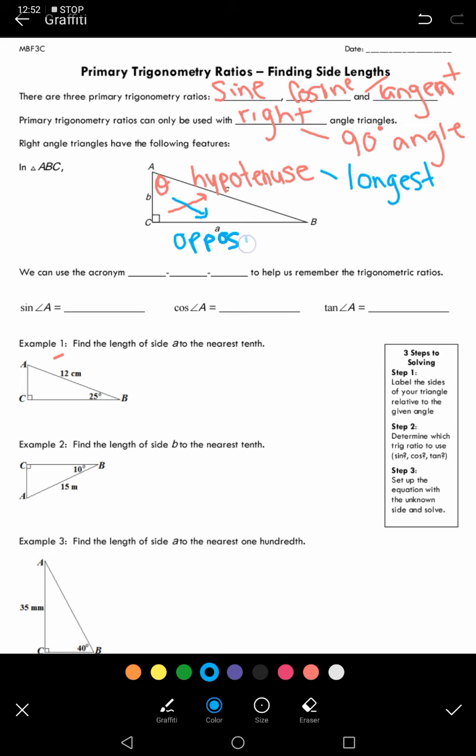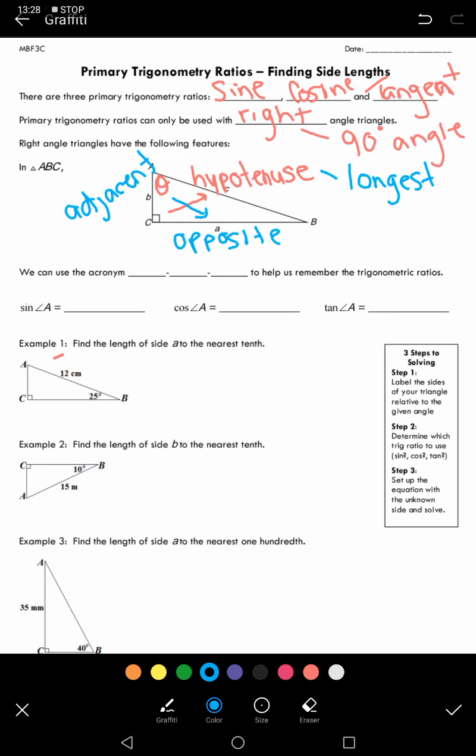That one is always going to be across from the angle that we're focusing on, so in this case, angle A. Whatever side is left over is going to be our adjacent side. The adjacent side is always going to be beside that angle of focus. It's not across from anything. You can think about it as the leftover side, or the one that is beside the angle we're looking at.